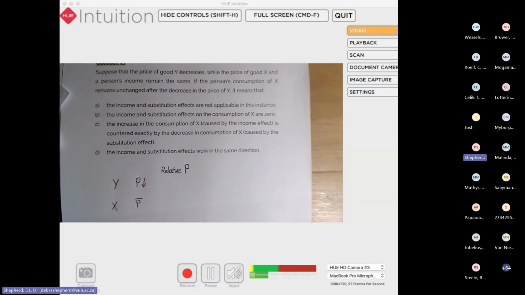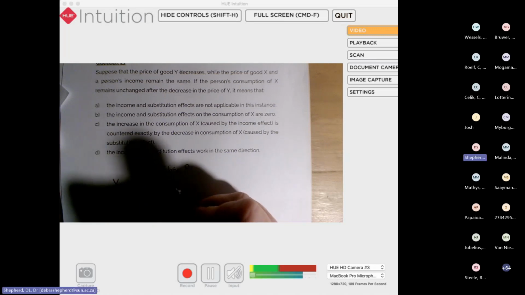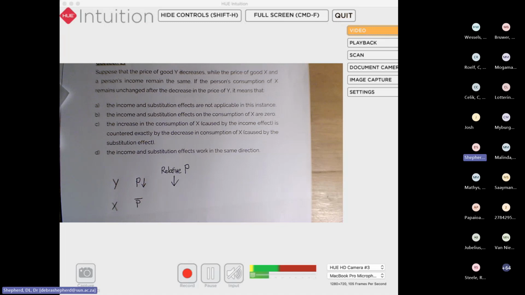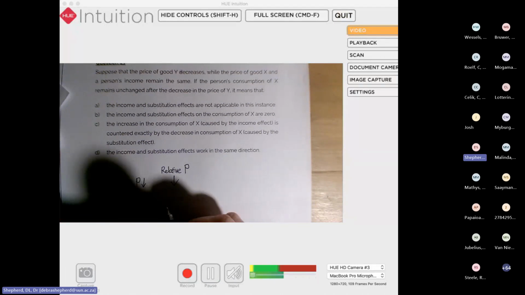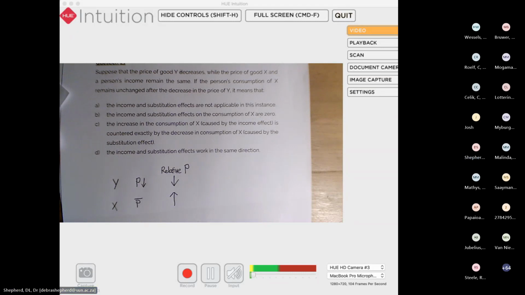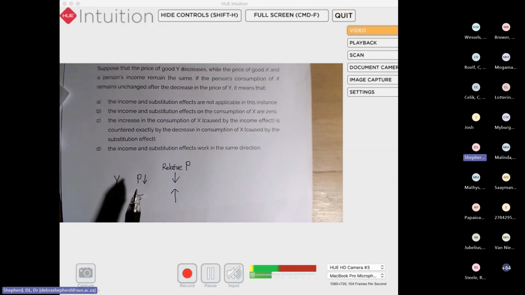It becomes relatively cheaper. Great. What happens to the relative price of X if the price of Y goes down? X is going to become relatively more expensive. So the effect of the price of Y going down is that Y becomes relatively cheaper and X becomes relatively more expensive.